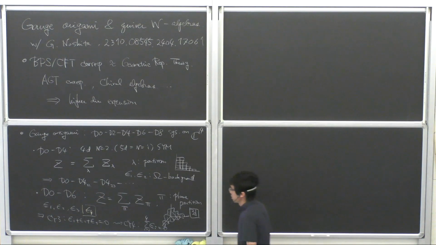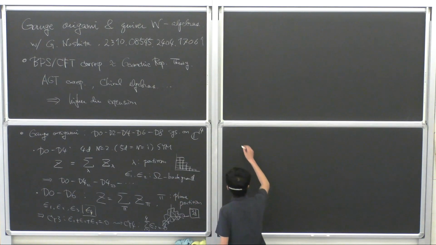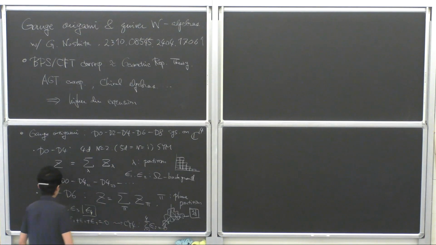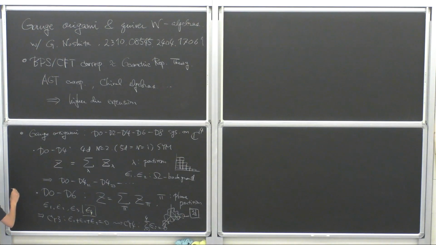So this is the D0-D6 example, and then the next example. I think it's better to mention that this kind of configuration was recently studied by Pomoni, Yan, Zhang, which is called a tetrahedron instanton.